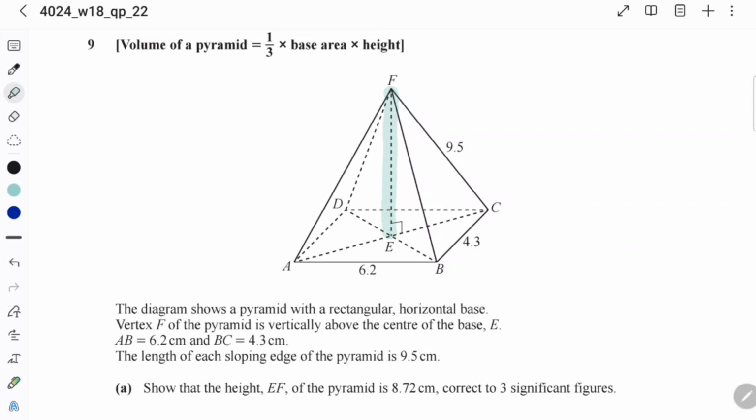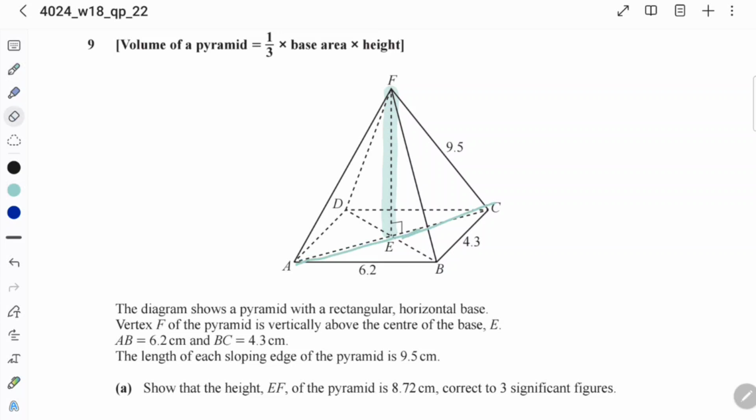All these lengths are 9.5, 9.5 and 9.5 here. So as required in the question, we'll take the help of the base and calculate the diagonal first.